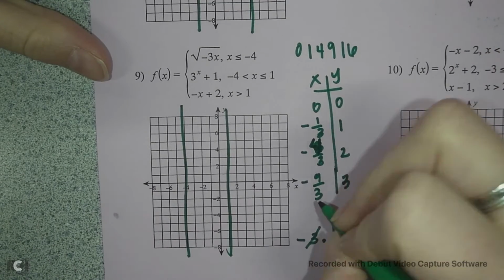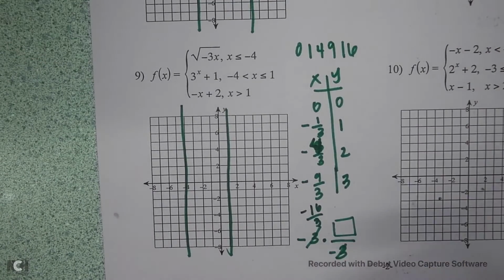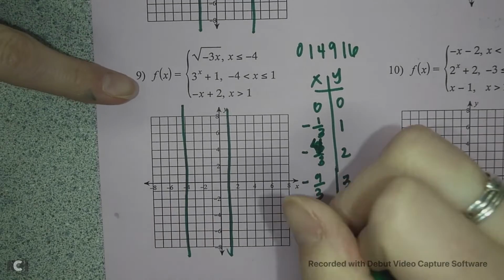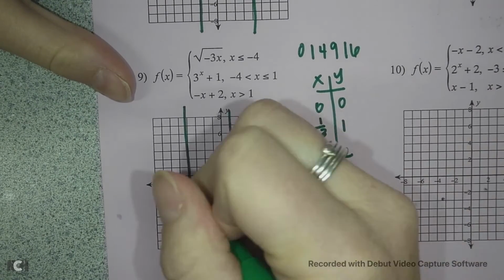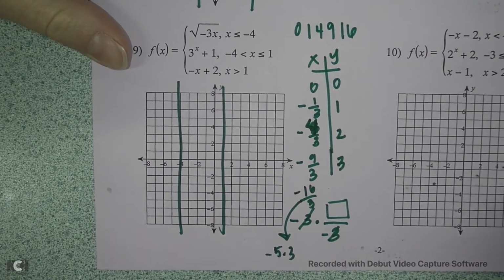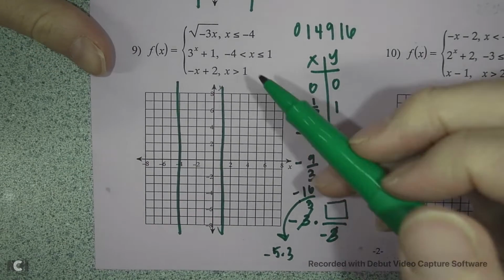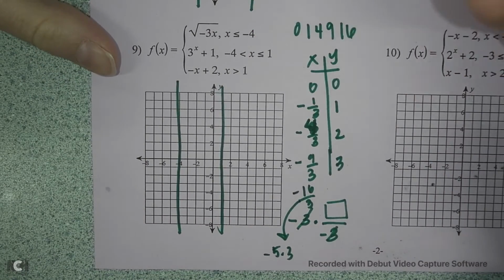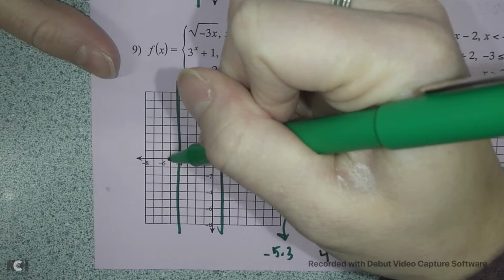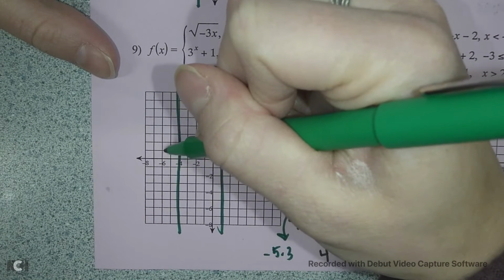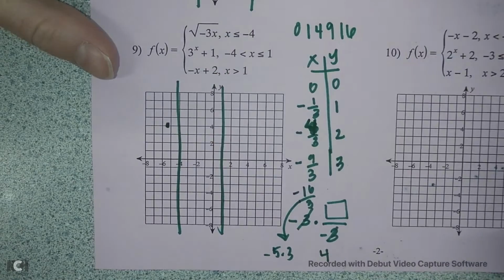So let's keep going. -16 over 3. -16 divided by 3 is -5.3, which we can actually graph. And then that would be the square root of 16, and the square root of 16 is 4. So we have -5 1/3, and then up 1, 2, 3, 4.